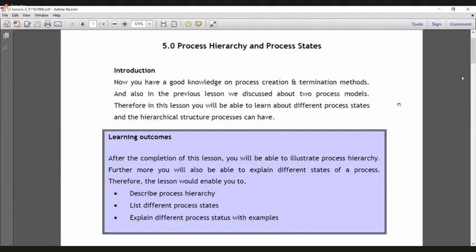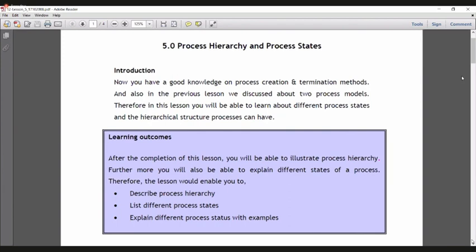In the introduction, you gained a good knowledge of process creation and termination methods. So we have learned how to create a process and how to terminate a process. And in the previous lesson, we discussed two process models. Therefore, in this lesson, you will learn about different process states and the hierarchical structure processes can have.